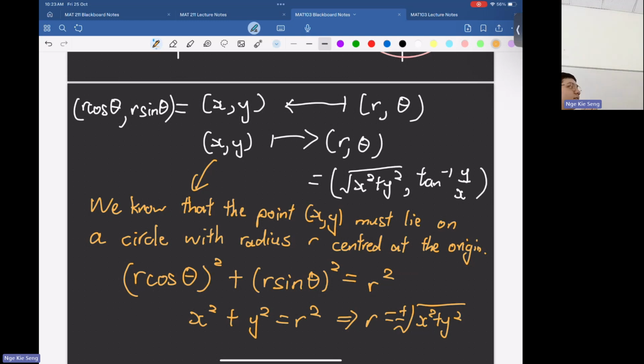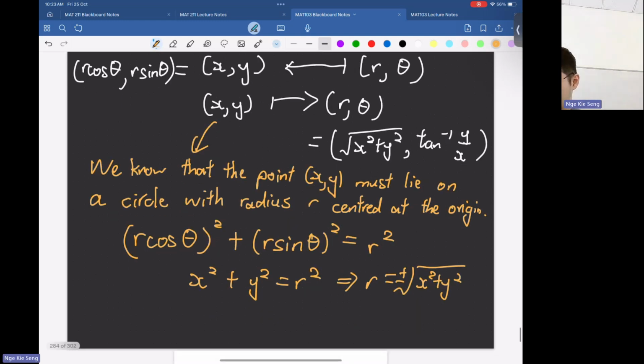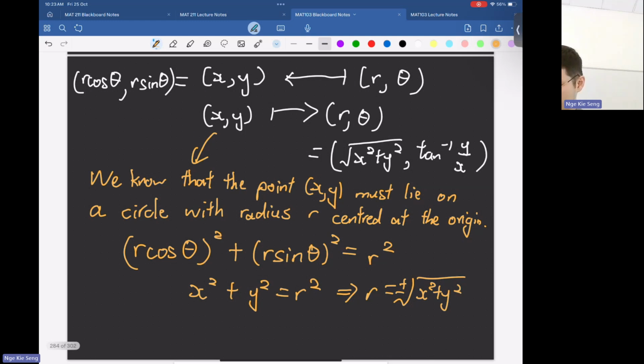Okay, so let's write down what tangent means. Consider tangent of theta equals to what? y over x. So how do we get this y over x?